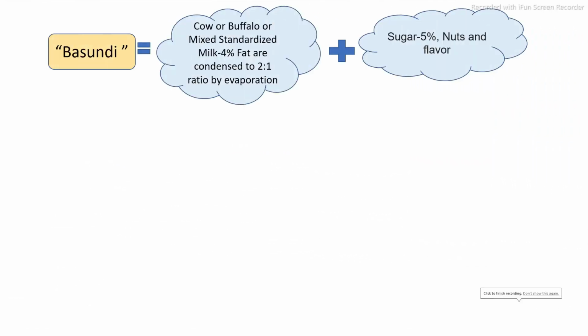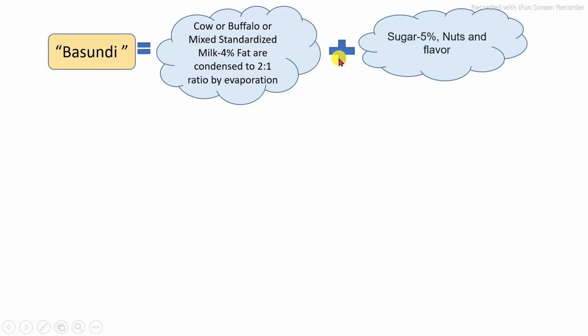First, what is meant by Basundi? Basundi means that using cow, buffalo, or mixed standardized milk, in which a minimum of 4% fat content is required, and which is concentrated by the evaporation process to reduce its volume in a 2:1 ratio, that means reduced to half of its original volume, and finally we get the Basundi.